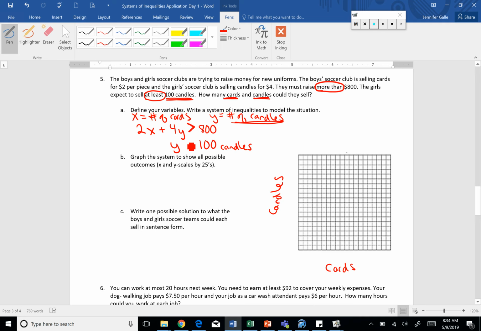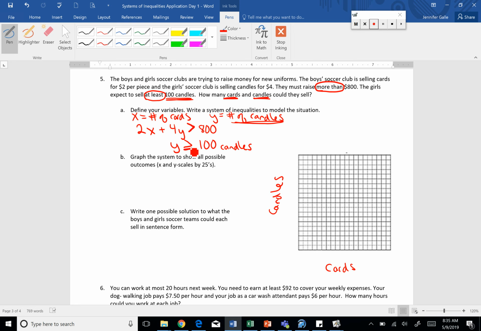So we've got to open the other way. And at least means it could be 100. I know this type is a new idea for us. We're just looking specifically at one of the variables, and it has nothing to do with how much that candle cost. It's purely how many there are. So Y is how many candles I have, and I want more than or equal to 100.